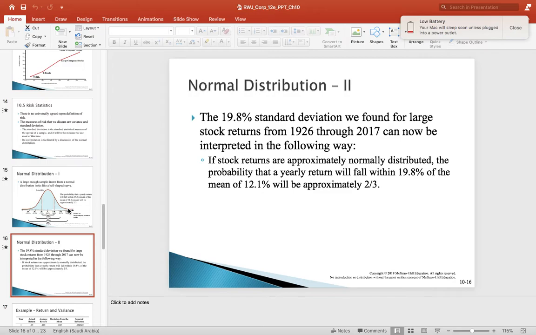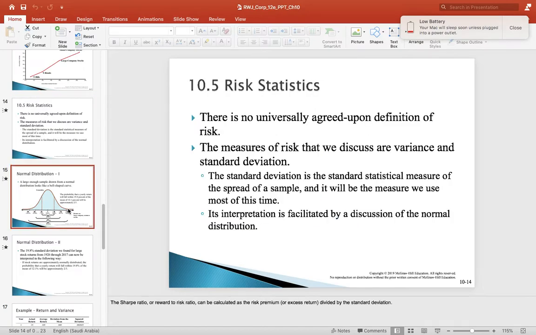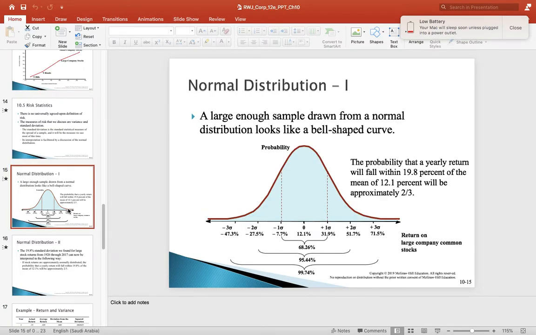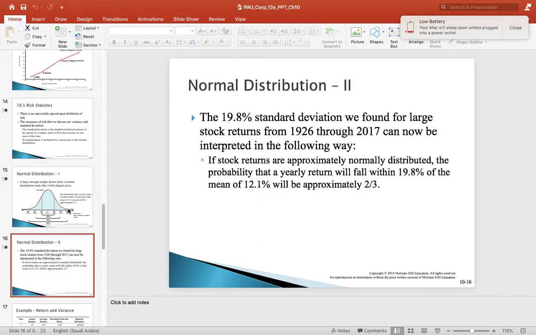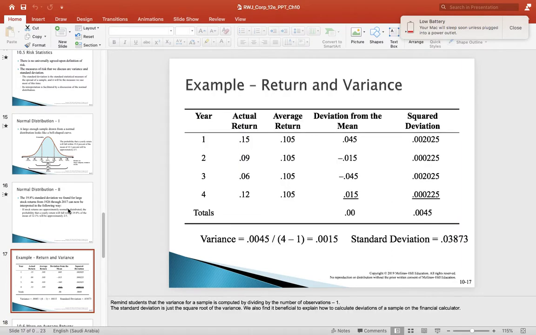So the sample is sufficient enough that the return will look like a bell curve, and two-thirds of the time you may observe the return may go plus 31.9%, minus 7.7%.